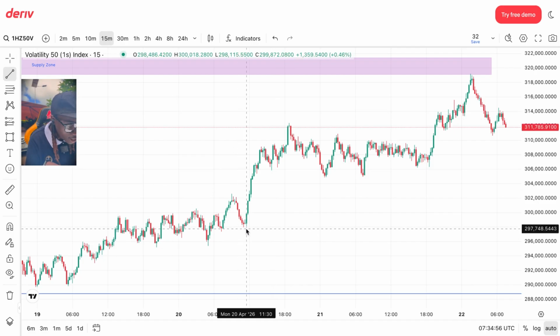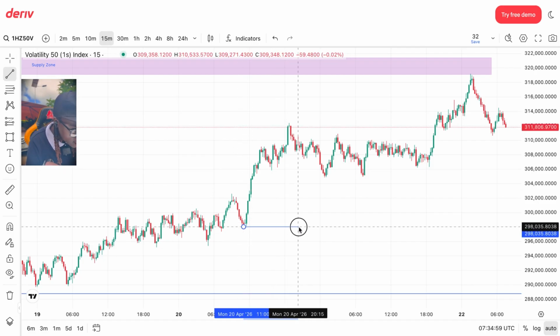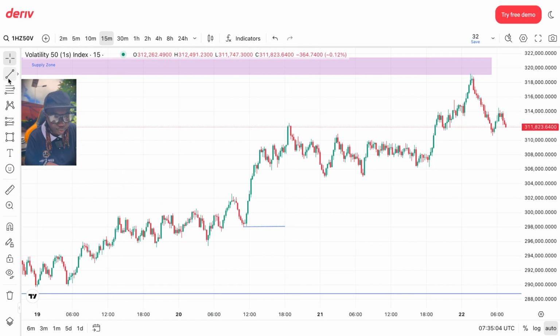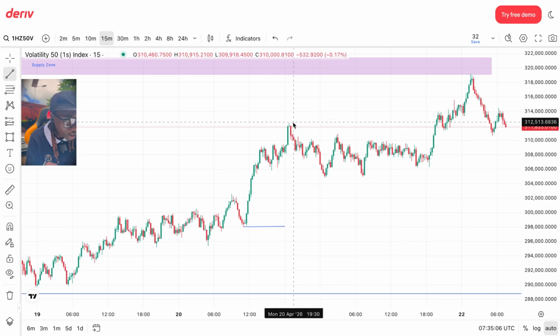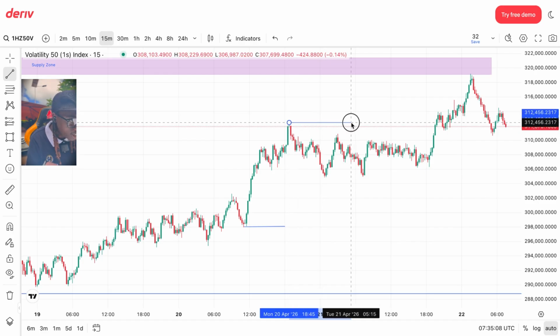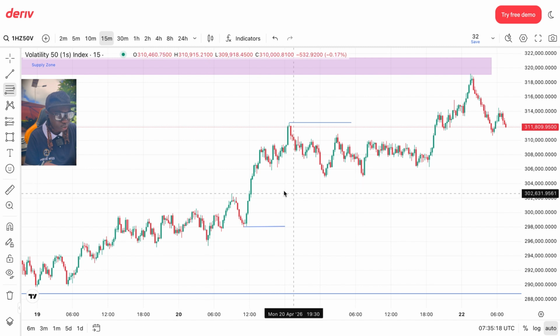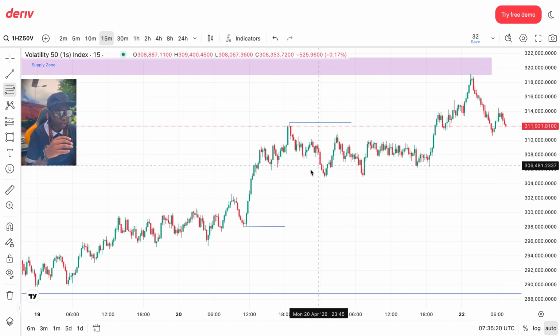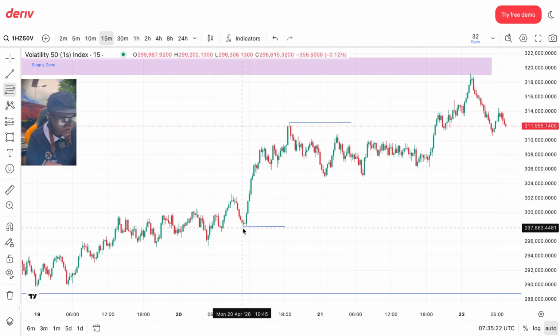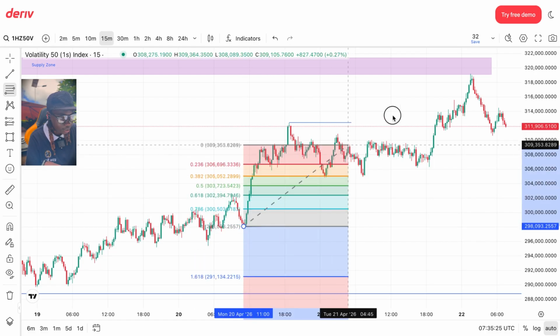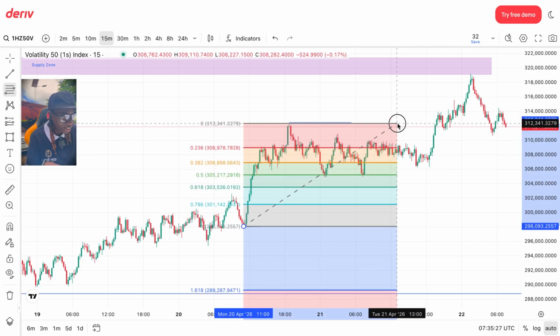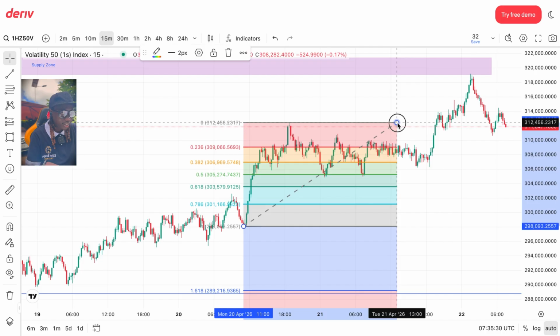And I'll try to mark this as the last, let's say, higher low that I can see. Then we have this new higher high. So after this new higher high, I did use the Fibonacci retracement tool to confirm if this was a true retracement, and I placed my Fibonacci retracement tool there, and I used it like that.